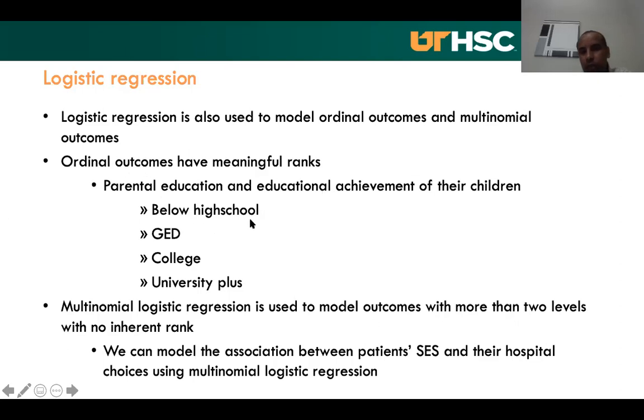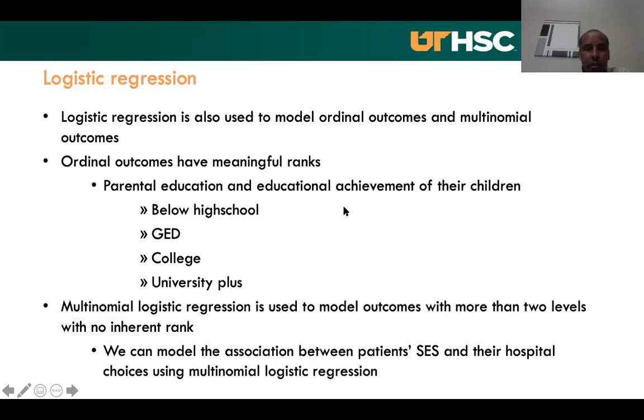The outcome in this case is the educational achievement of the children. Parental education precedes in time the education of the children most of the time, so we can use parental education to predict the educational achievement of their children.